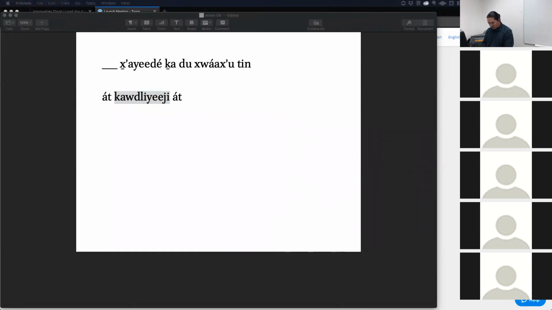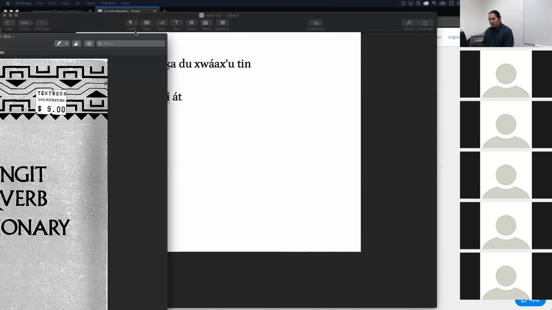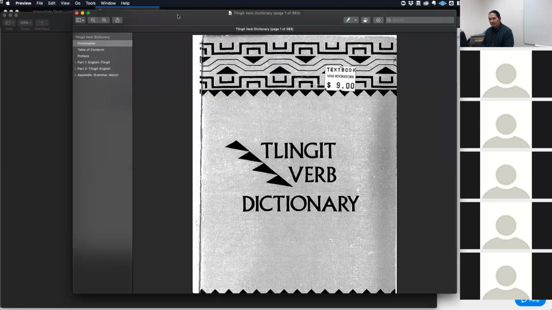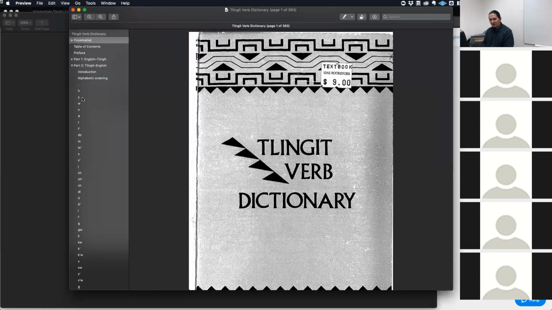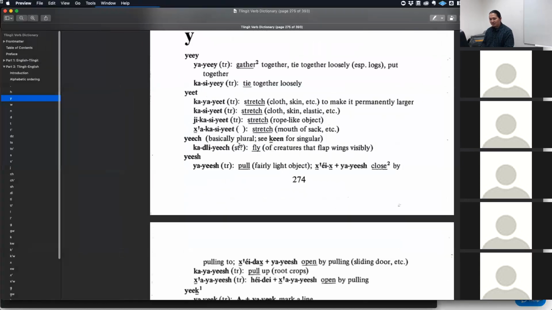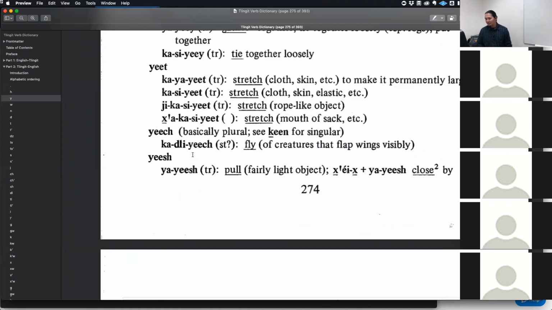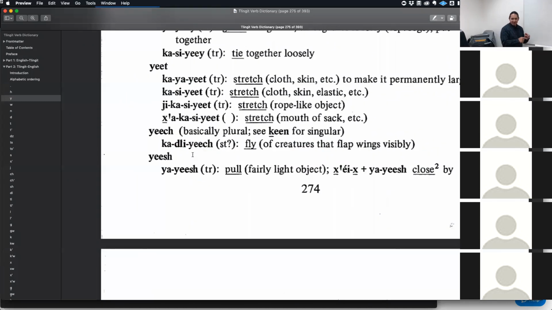Let me open the verb dictionary. So here's our verb dictionary. We're going to go down to Y. I'm going to zoom in. And there we see our answer. K-A. And they put D-L-I, right?